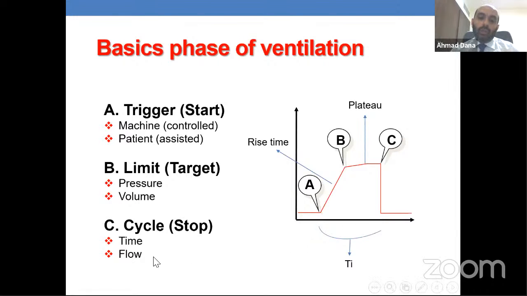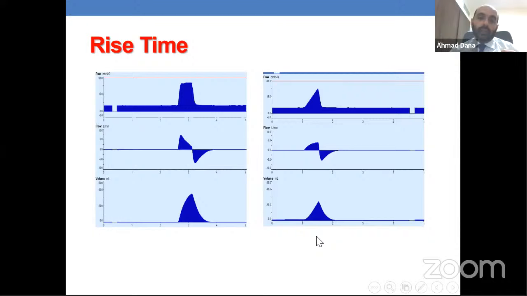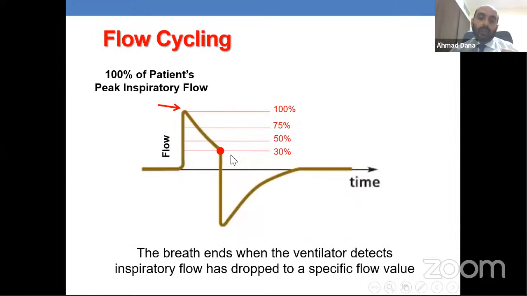So it will be a flow cycle, which means that we tell the ventilator to open up when it reaches, let's say, 30% of the flow. So according to the dynamics between the ventilator and the baby's lung, when we reach 30% of the flow of air inside the lung, the exhalation valve will open.